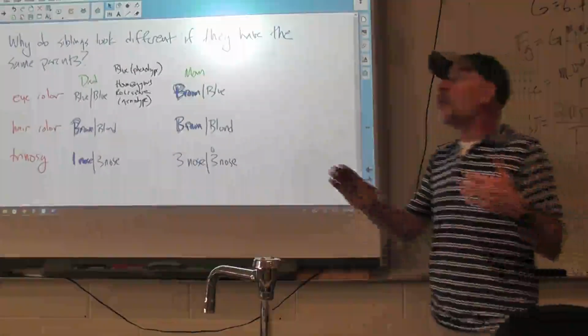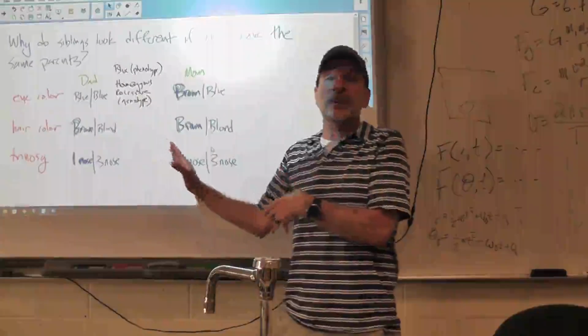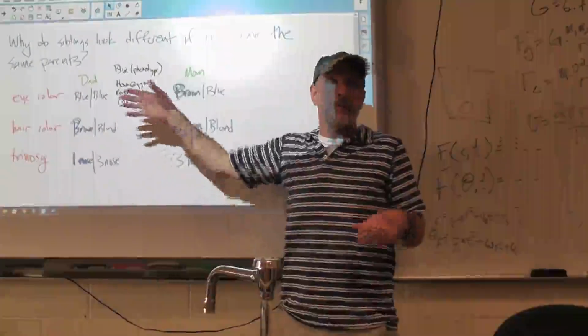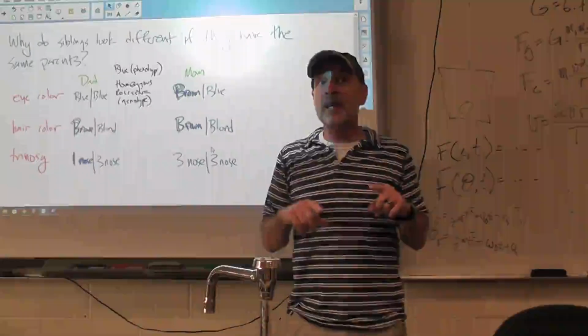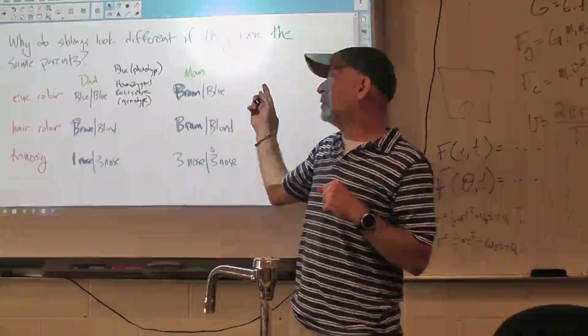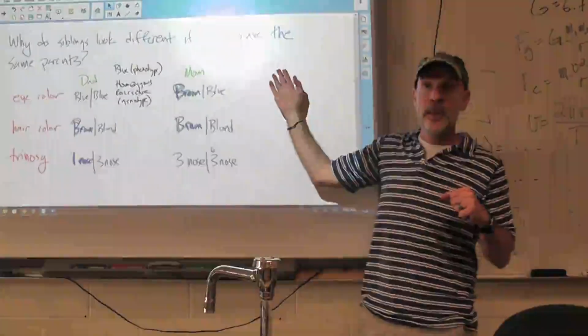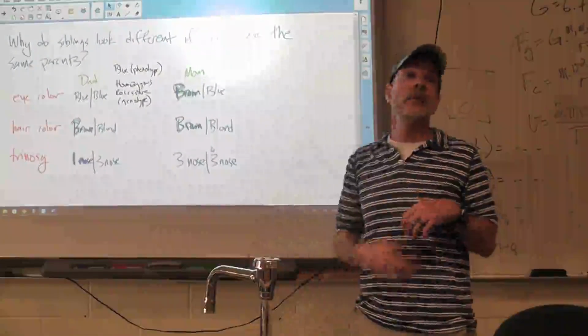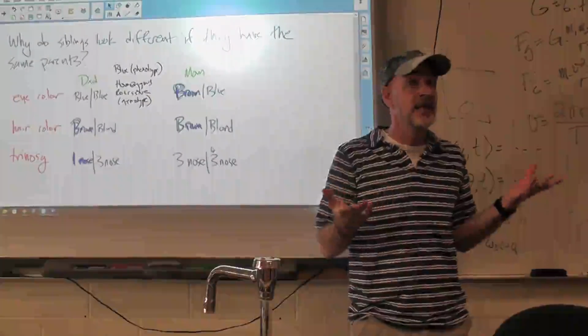All right, so we could go through and we could make genotypes and phenotypes from all of this stuff. We should, at this point, be able to create 3 pedigree charts, one for each of these traits. Now we don't know how many kids these parents have.